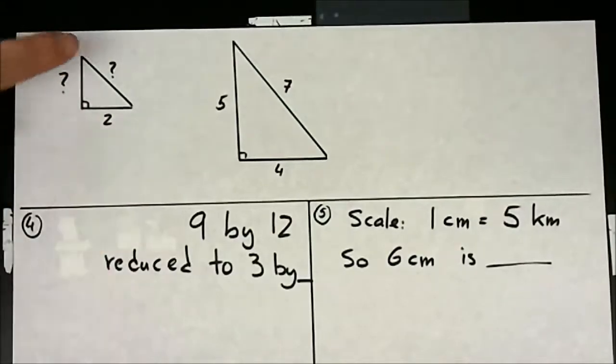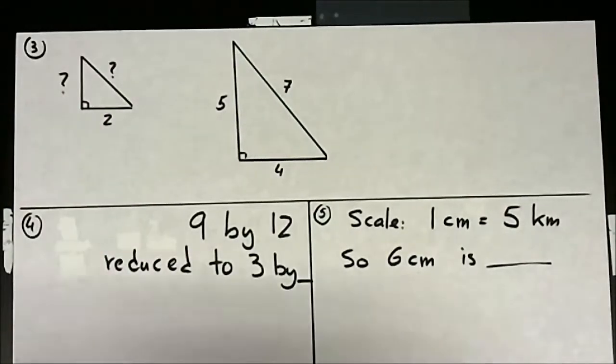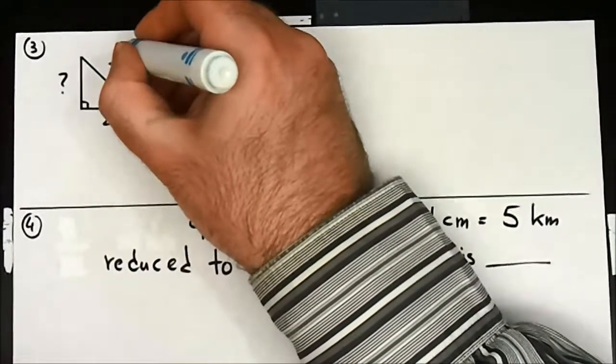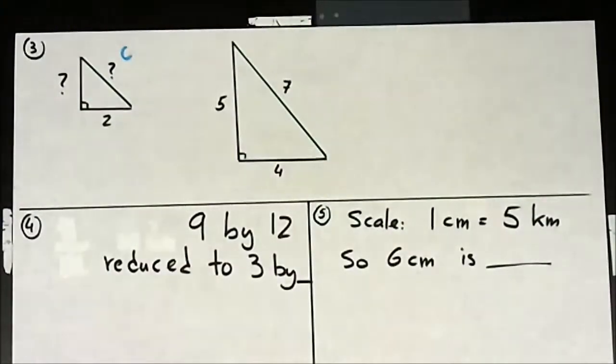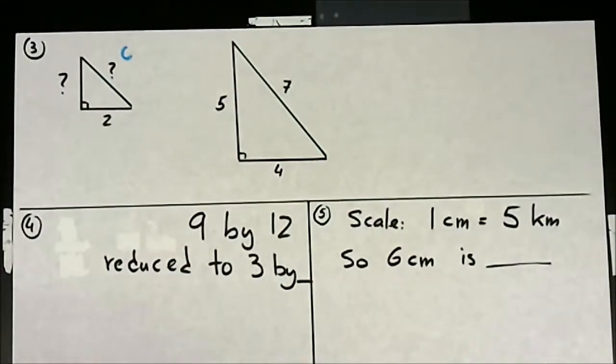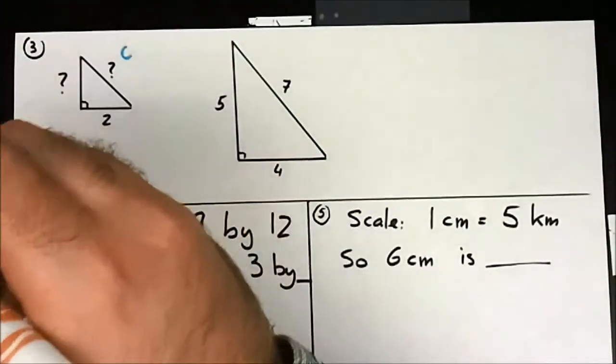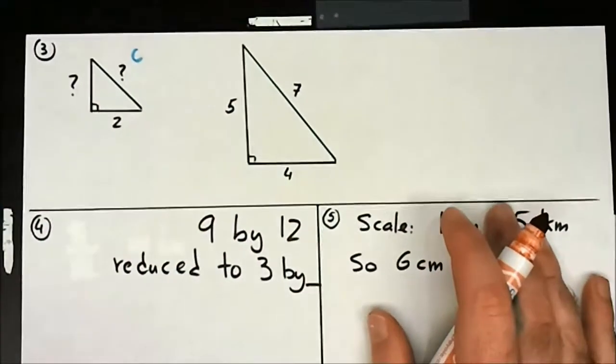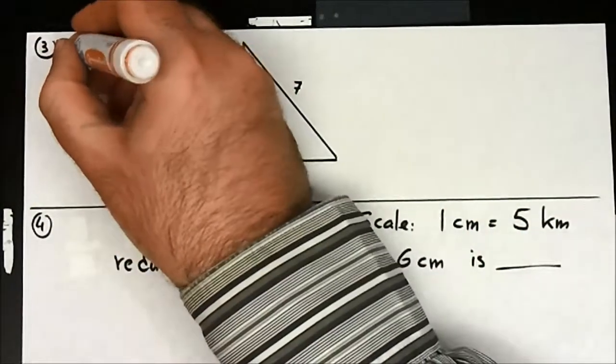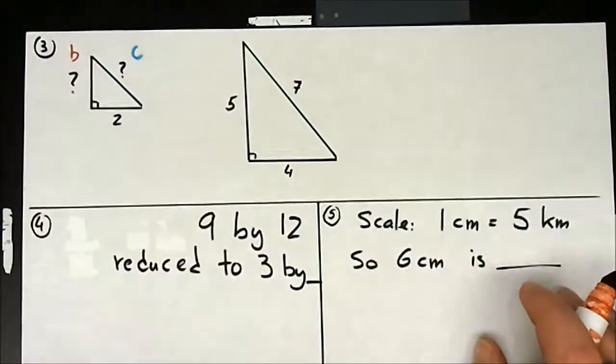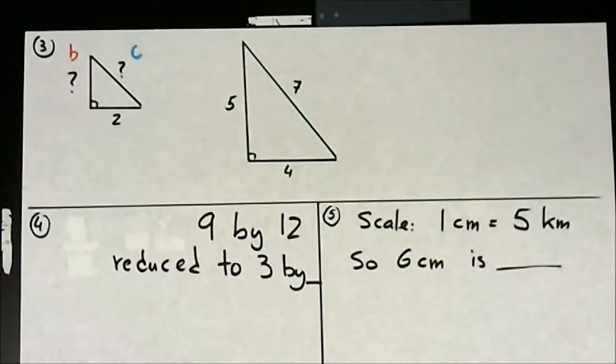So I'm going to call this missing side C, because it's the longest one, if you remember anything about right triangles. I'm going to call this missing side B, just because, and that's going to be 2.